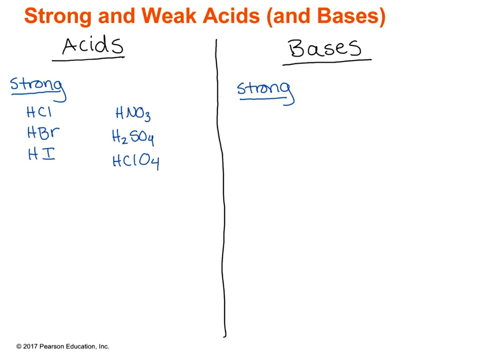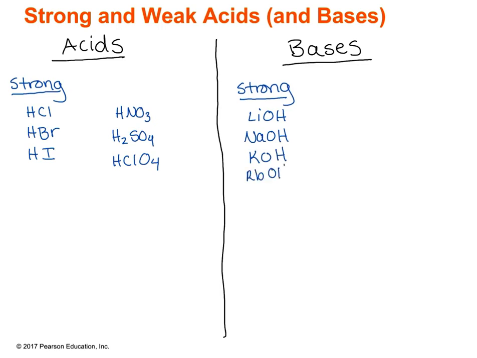And then for bases, basically, pun intended again, basically anything with a group 1 alkali metal will be a strong base, as well as some of the group 2 metals. So this would be, for instance, lithium hydroxide, sodium hydroxide, potassium hydroxide, and we could keep going.